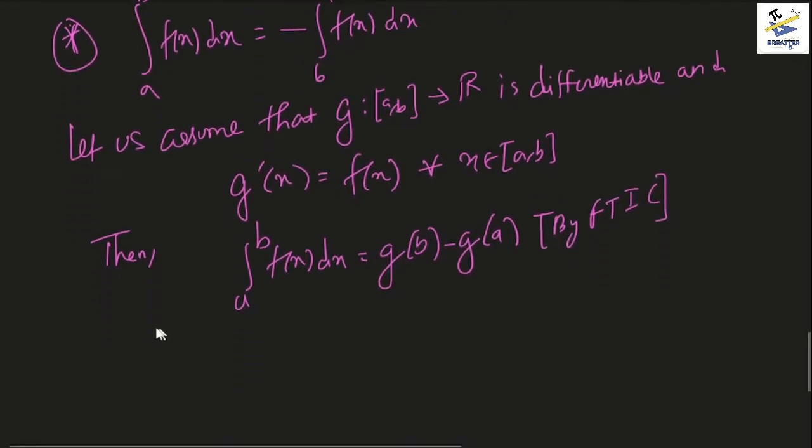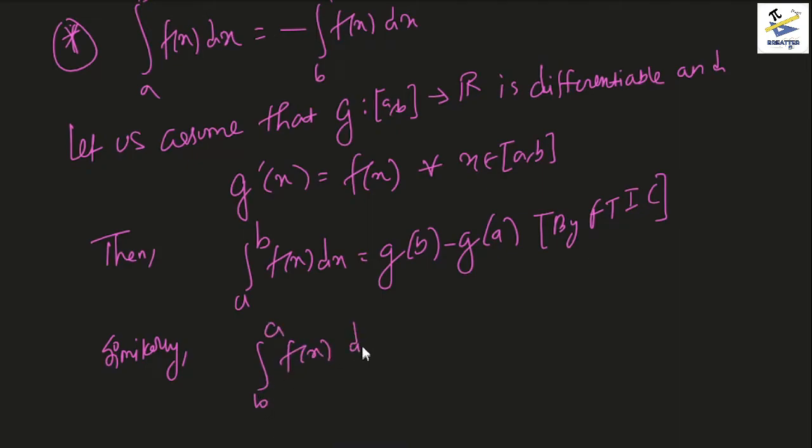And similarly, b to a f(x) dx should be equal to g of a minus g of b, right?